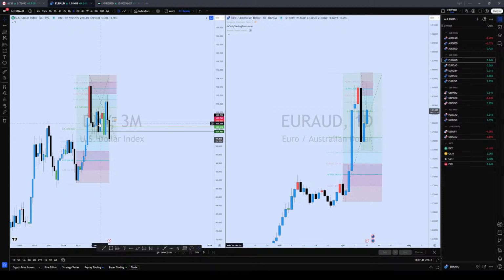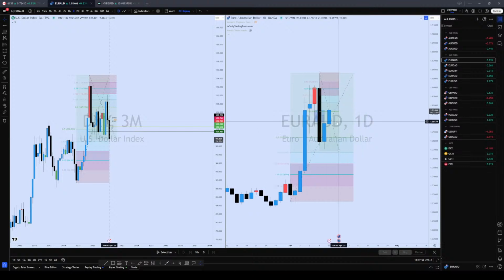These are 3 months candles, so that's roughly 2 years of price action before coming down. This is daily, so you have 1 day, 2 days. It might take 3-4 days before price comes down here, but it will.